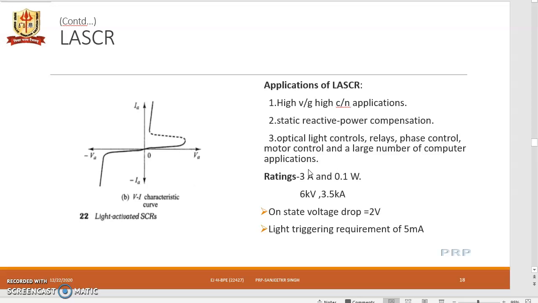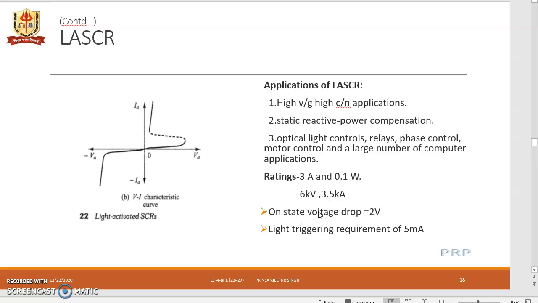Now the power ratings of the LASCR. LASCR is generally low rated, 3 ampere and a power rating of 100 milliwatt or 0.1 watt, or it could be as high as 6 kV, 6000 volt, and 3500 ampere of current.